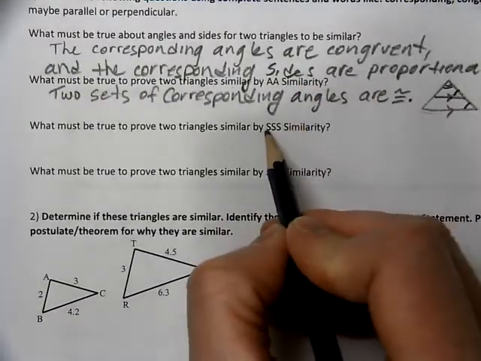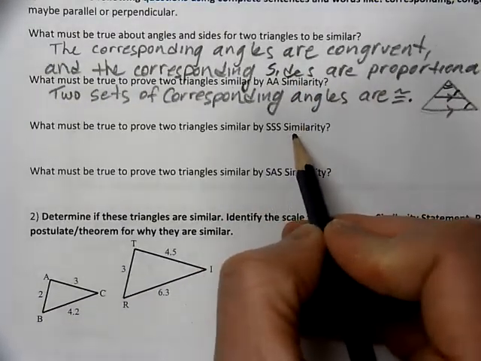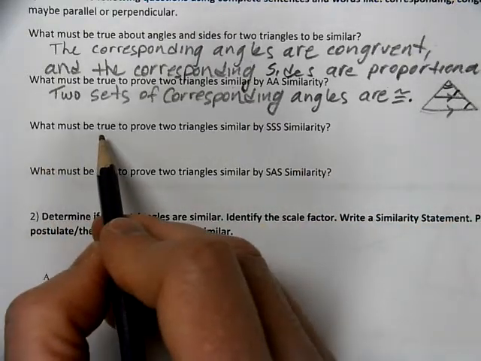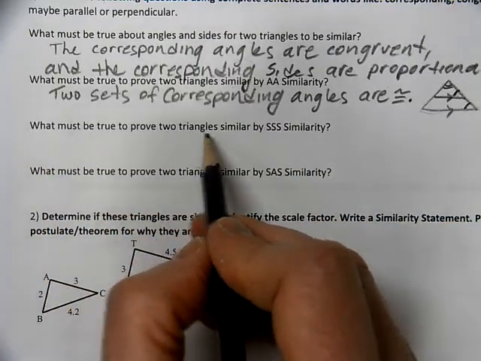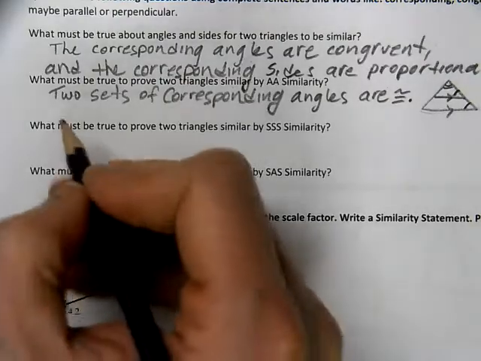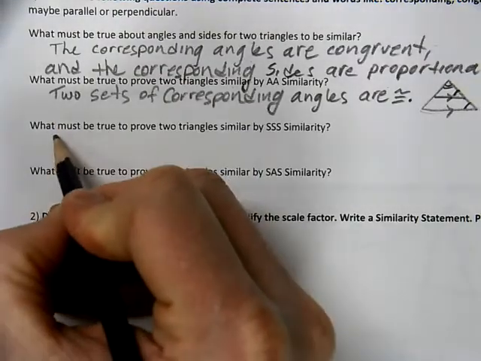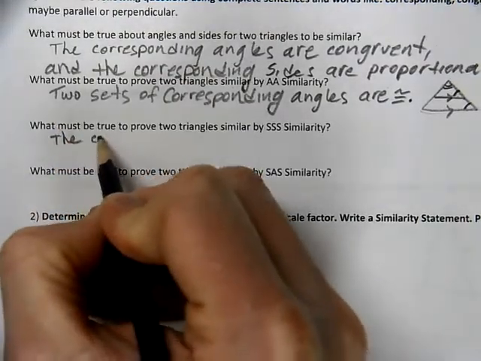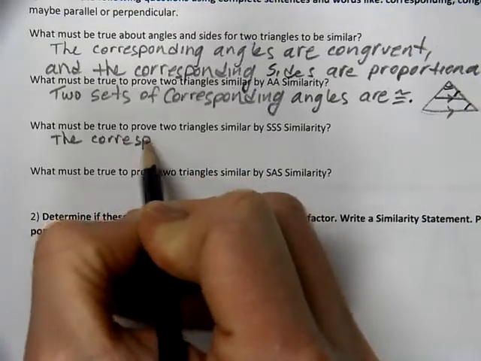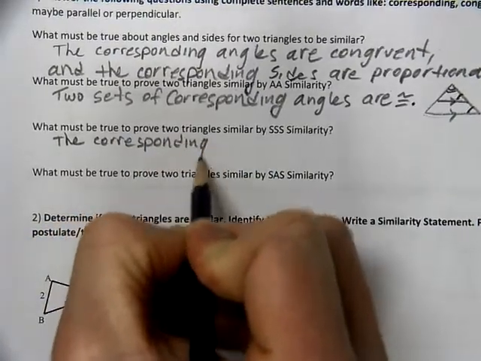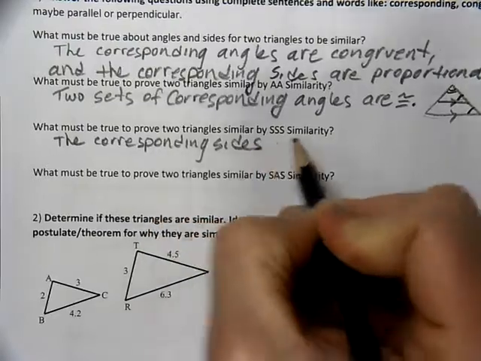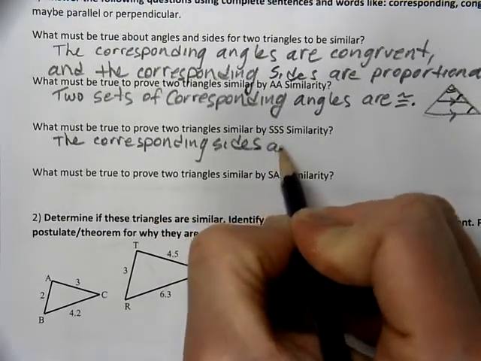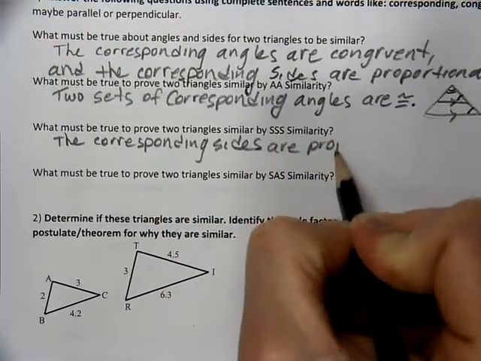Another shortcut method is to use SSS similarity. What must be true to prove 2 triangles similar by SSS? The corresponding sides are proportional.